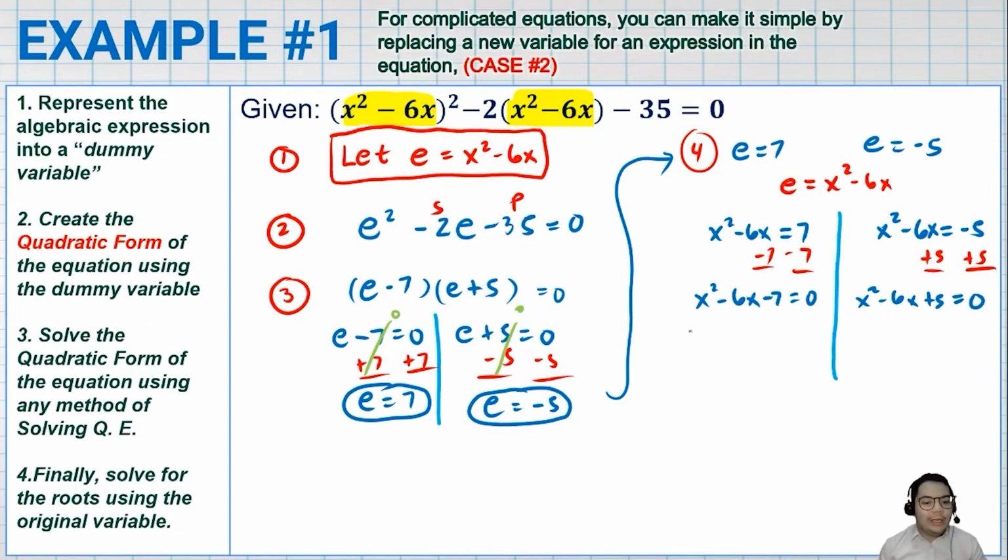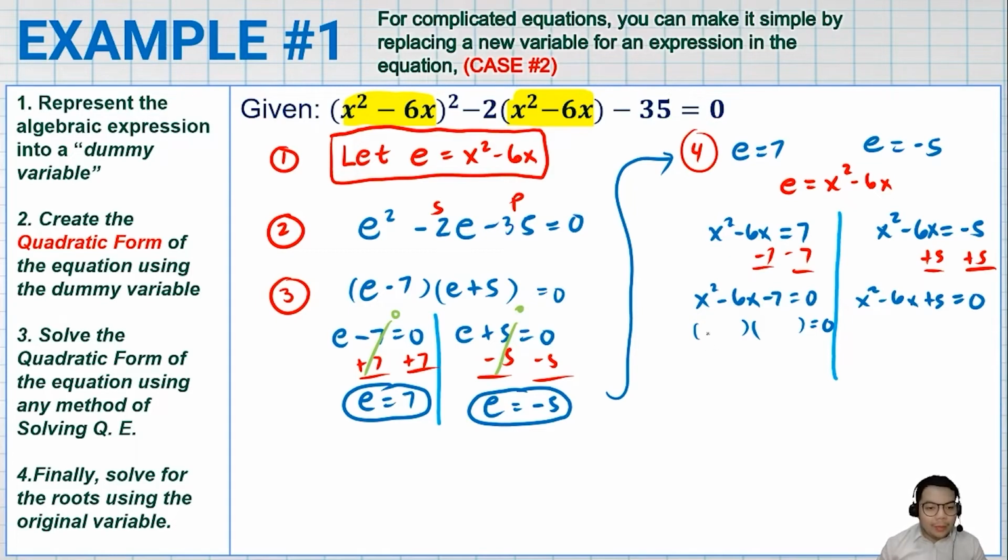So dito muna tayo sa left side. So hanap tayo ng factors nitong given x squared minus 6x minus 7. So may product na -7 and may sum na -6.